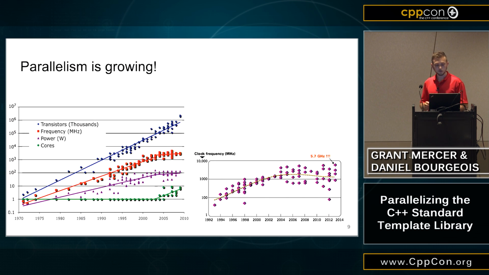So instead, we're starting to see a new Moore's law, and this is for the number of cores inside of a computer. As I mentioned, we're seeing a frequency level out now, so we're not trying to push up our frequency anymore because this gives us more power consumption. So now our power is also leveling out, so this is great for us. Our transistors are still trying to double, which will eventually slow down, but our cores are getting more and more inside of our computers, which is going to give us more power for parallelism.